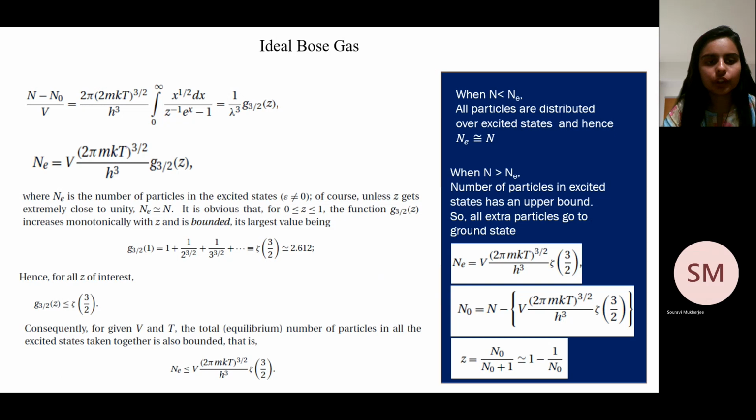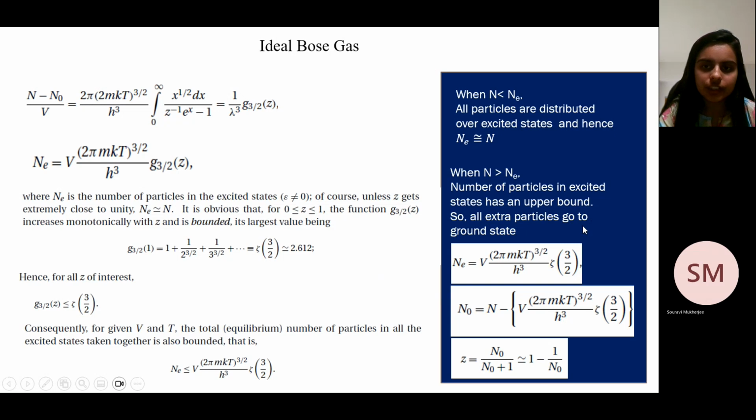So if your total number of particles is less than that, all particles will be distributed over the excited states. But once the number of particles becomes greater than N_E, where N_E is the maximum limit to the number of particles in the excited state, what happens?